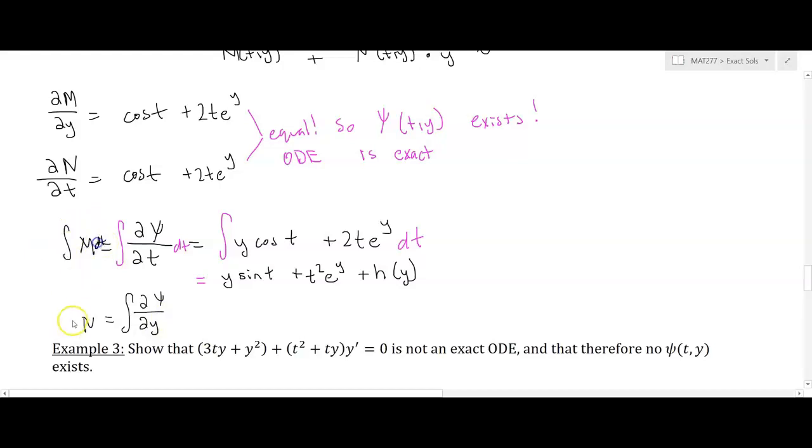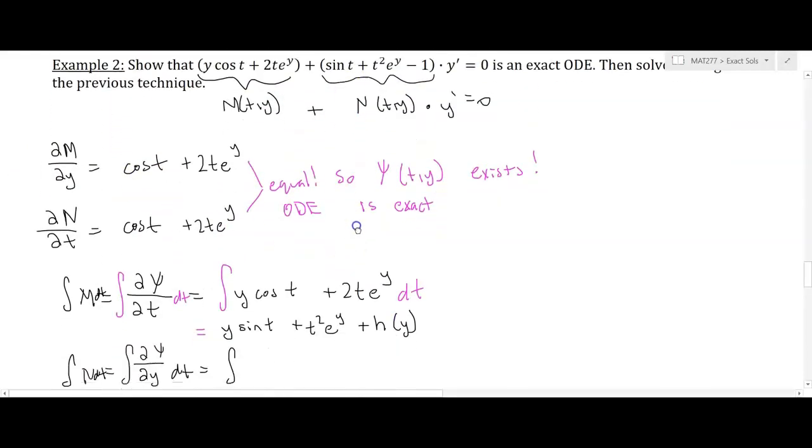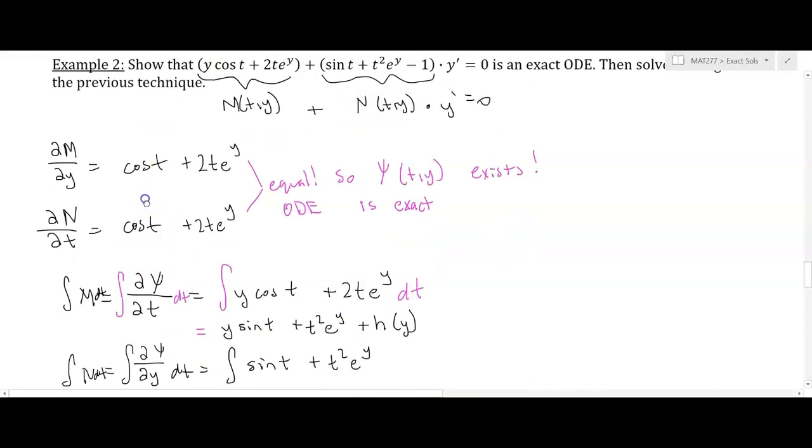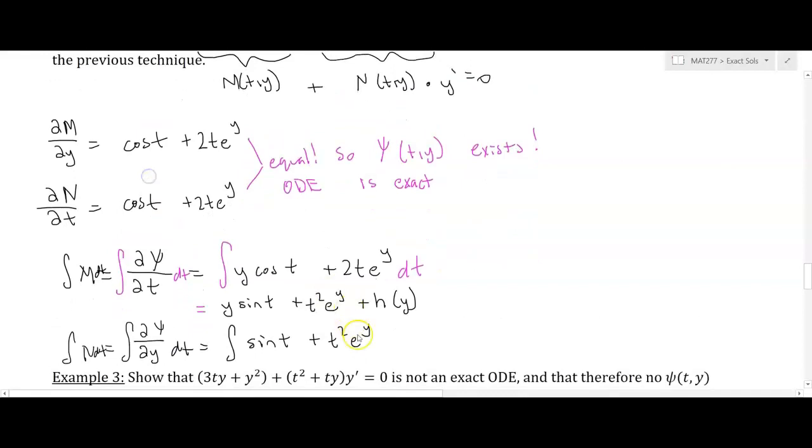This would be the integral of N with respect to y, which is sine t plus t squared e to the y, minus 1. Got the minus 1 there. And this is all with respect to y.